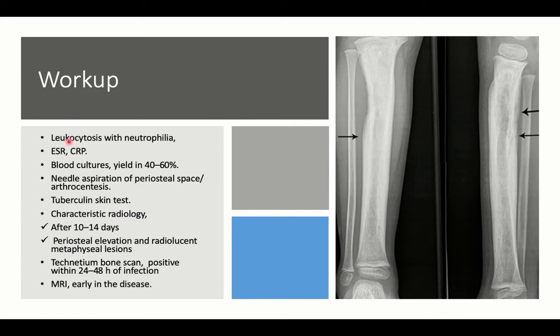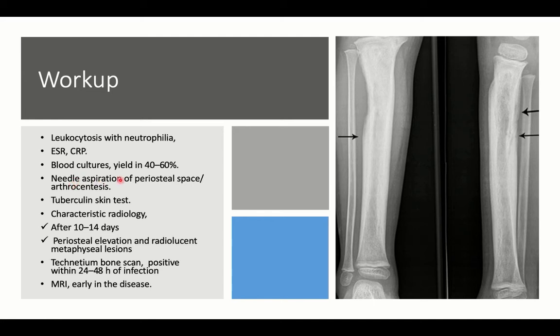As a workup, full blood count will show leukocytosis with neutrophilia as a bacterial source of infection, high acute phase reactants, ESR and CRP. Blood cultures yield in 40 to 60% of cases, as we talk about hematogenous spread of infection.